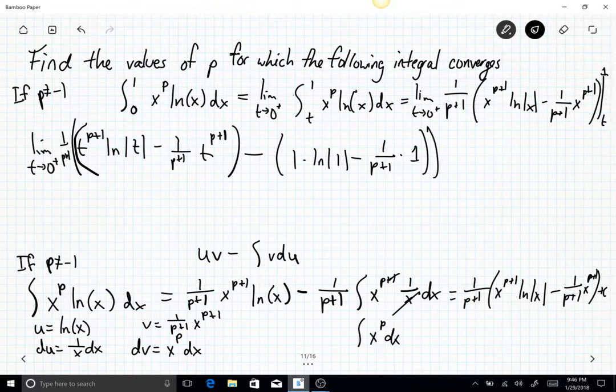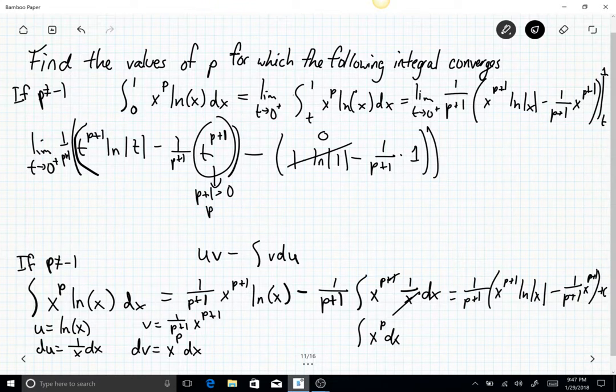Now moving forward from here, a little bit trickier. Where do we go from here? In terms of what we have in this part, that goes to 0. And notice, in order for this to be convergent, right here, as t is approaching 0, we need p plus 1 to be greater than 0.